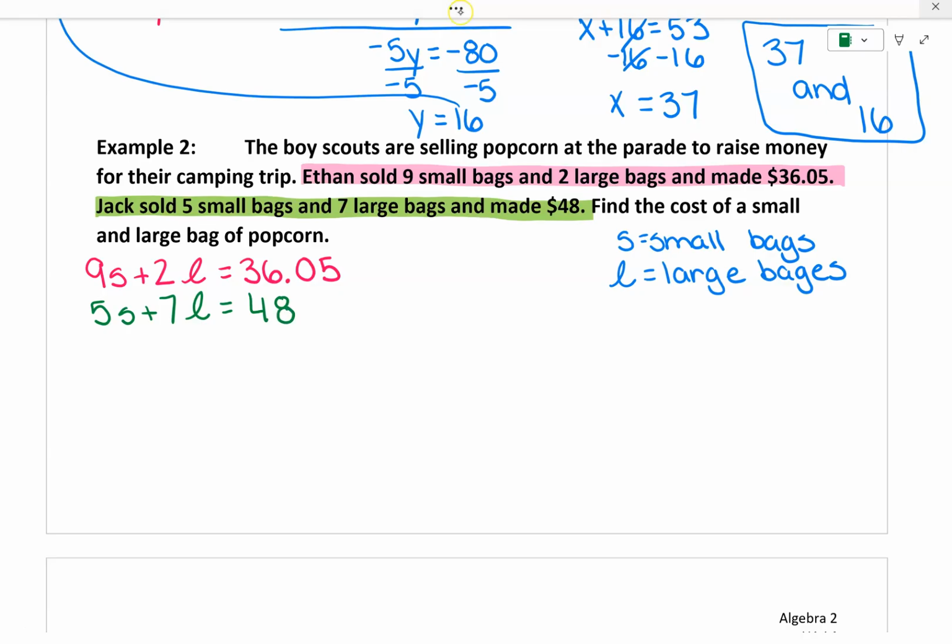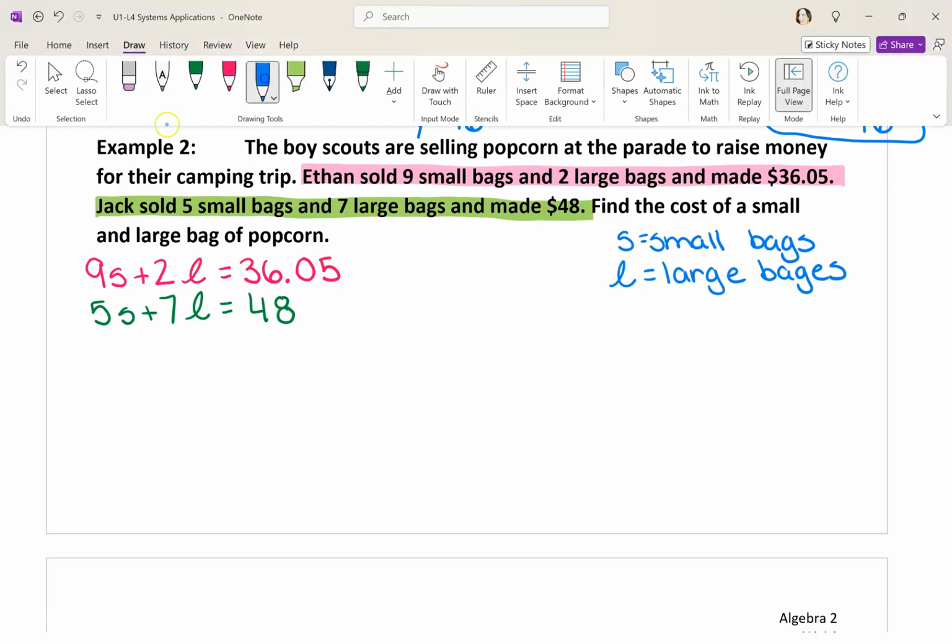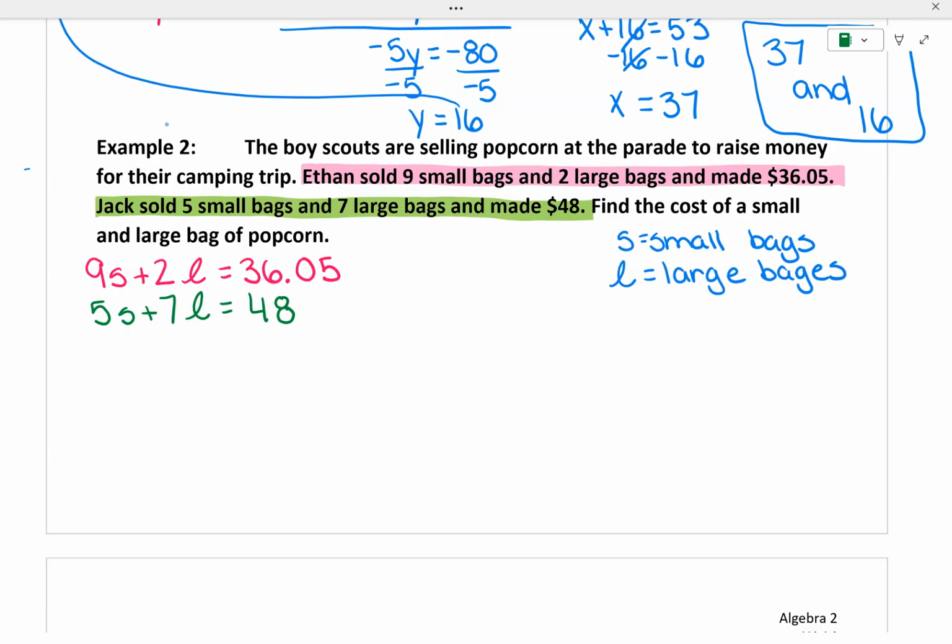Okay, so now you can choose whichever method you would like, eliminate or substitute, or however you want to solve it. So I'm going to do elimination, and I'm going to eliminate my large bag, so my L. So I'm going to multiply the top one by a -7. I'm going to multiply the bottom one by a 2 to get opposites.